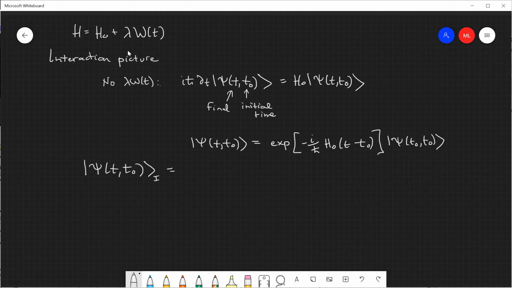We take our Schrodinger state, whatever it is now with the perturbation or whatnot, and we undo the time evolution due to H naught. It's sort of like evolving it backwards in time to the initial time t naught.